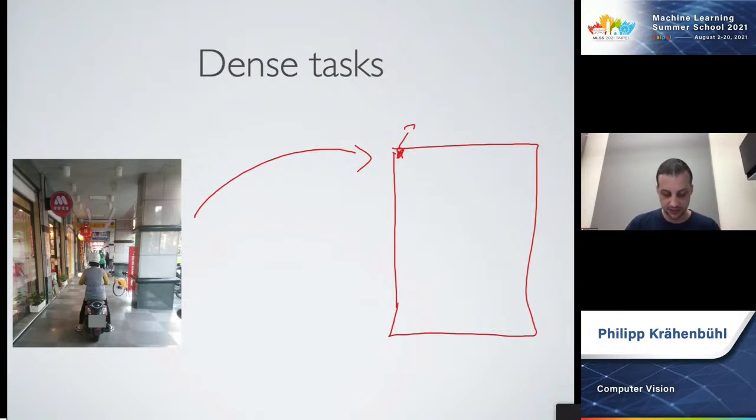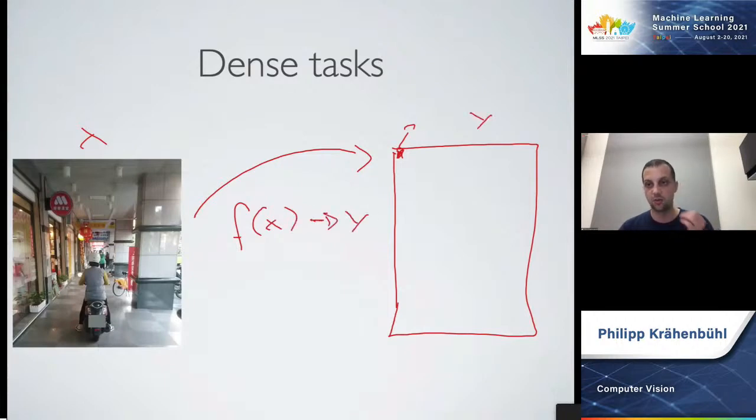So really here, we again learn a mapping from X to Y. The only difference is that if X was width by height by 3, the output Y is now also width by height by some other dimension. So now the input is dense and the output is dense.